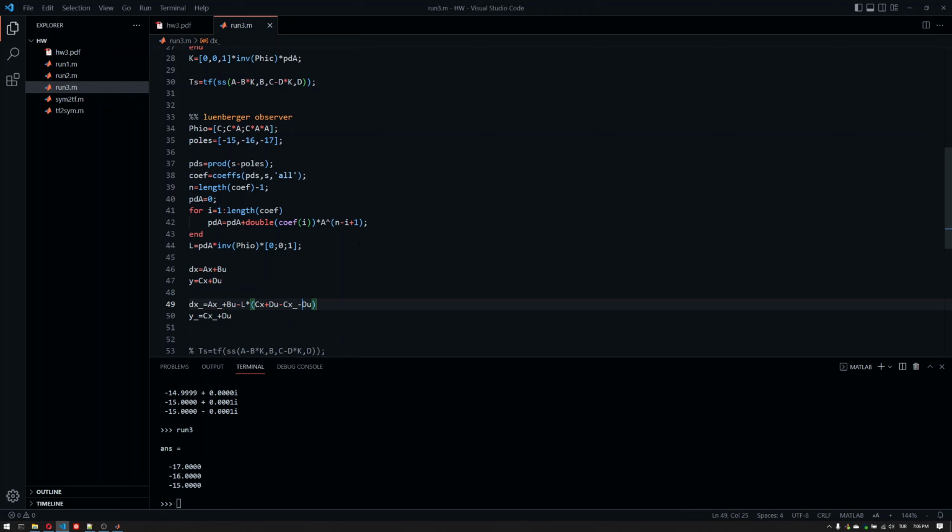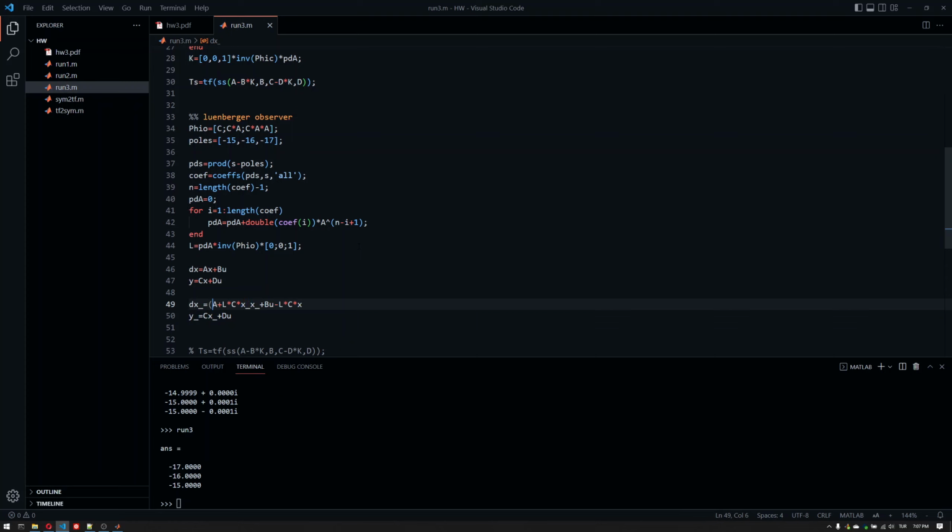So this should be minus Du. You can see the Du terms cancel each other out, and we're left with this. If you factor that out, you would get L times C times x and x underscore. If we rearrange that a little bit, we have minus LC times x and plus LC times x, like that. So this comes in here.